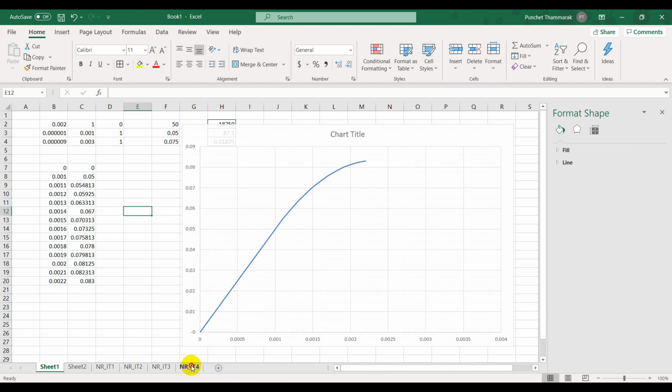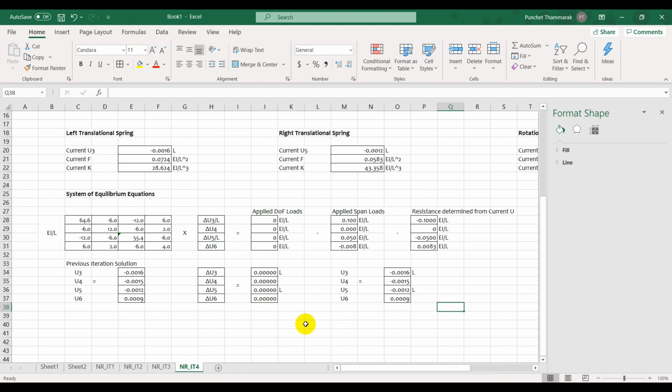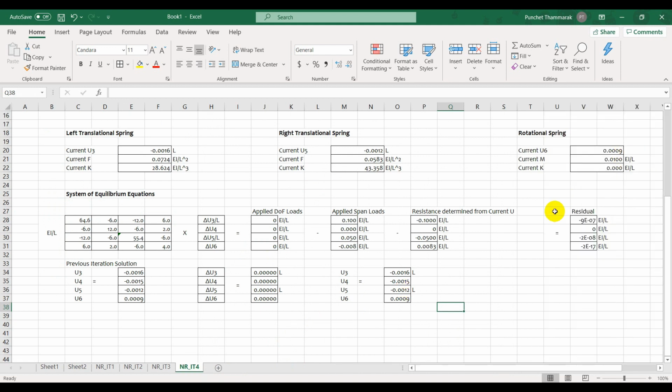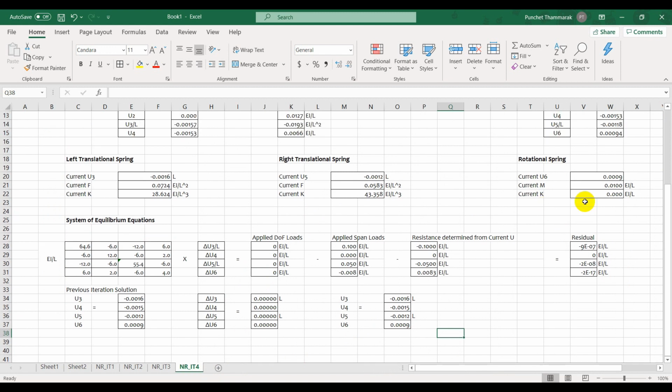Alright, so now everything was all fixed, and yeah, this is a solution. The current case, okay, right, done. Next class we're gonna do the modified Newton-Raphson.